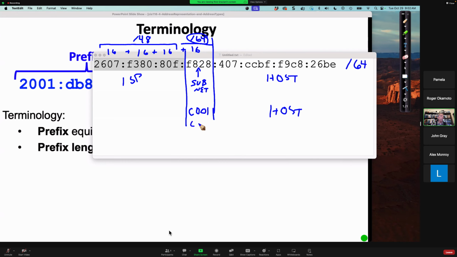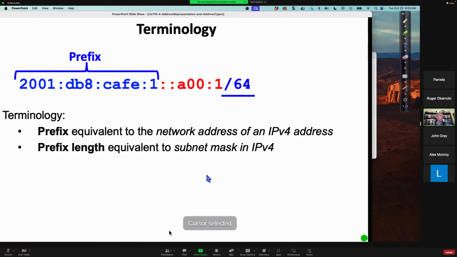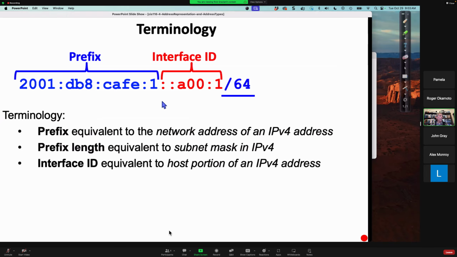You can have the CTC and give it a whole bunch of subnets. It's that easy to create subnets. We'll see more of that on Thursday. Okay, that's the interface ID.